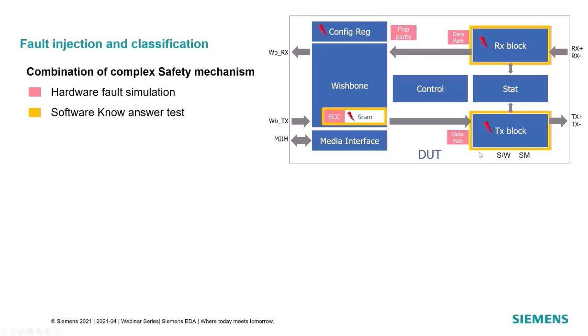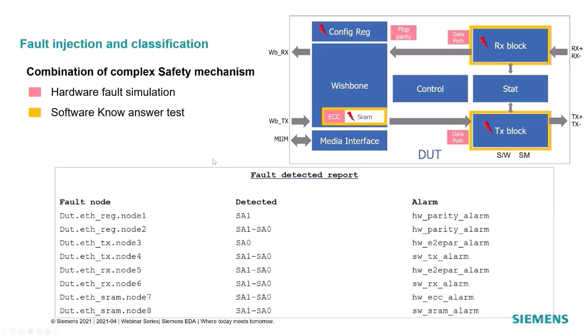So we targeted these blocks and performed fault injection using the optimized fault list in these blocks. What we were able to generalize in terms of the detection report is we were able to see which fault node was detected for what kind of fault. We were also able to see which alarm, whether it was a hardware alarm or a software alarm, did catch it.